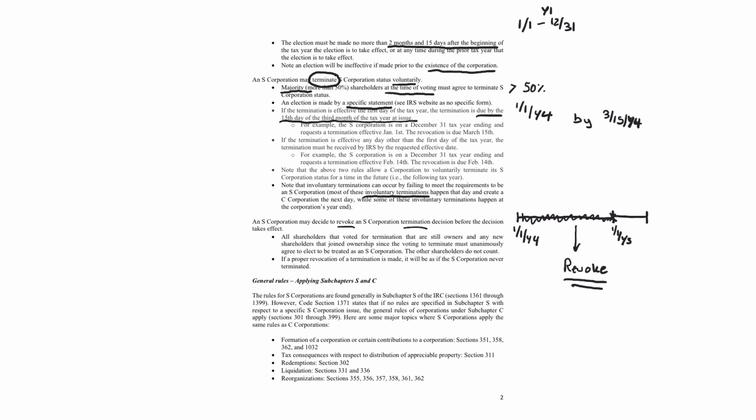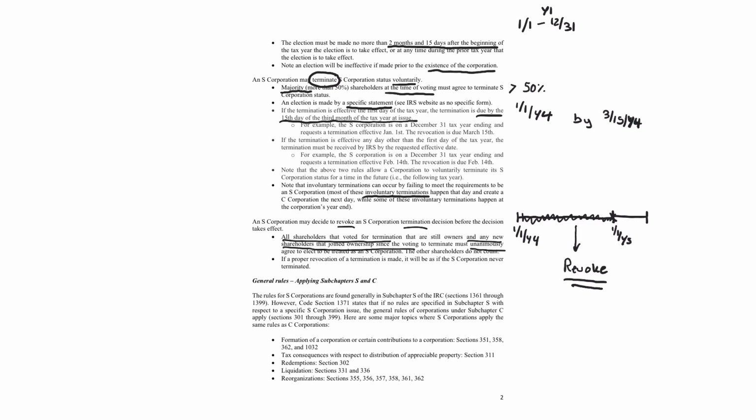You are going to switch over to a C corporation. But if we decide during that time, hey, we want to revoke that termination because we made a stupid decision. We don't want double taxation. We want single taxation. Then the rule is you need all owners that voted for termination and any new owners that joined since the voting.